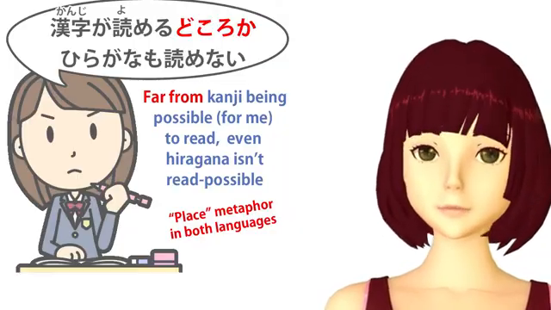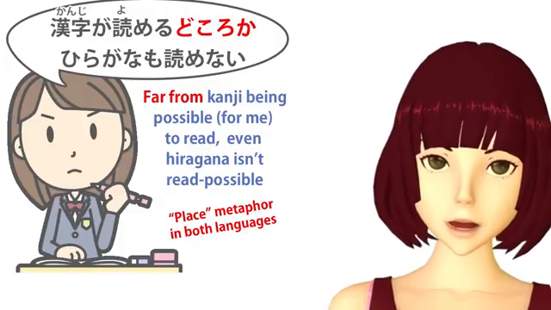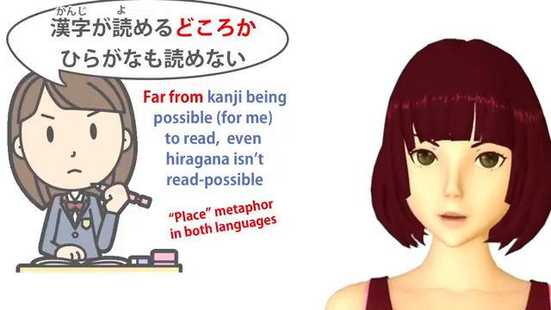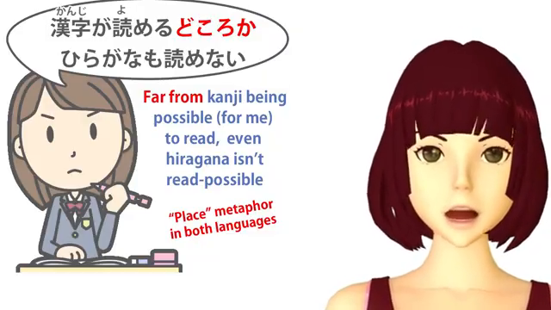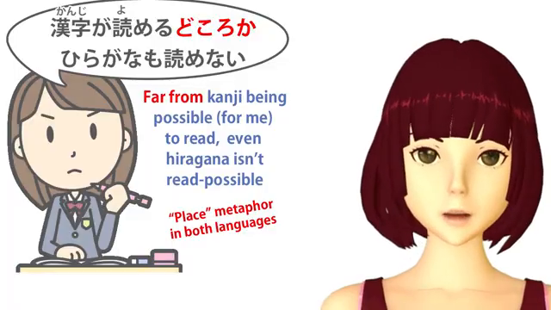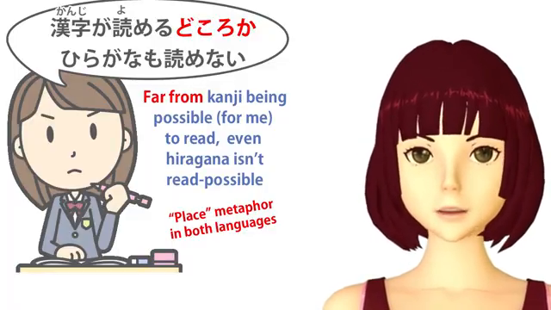We're saying, not only can't I go as far as reading kanji, I can't even get to the point of reading hiragana. That's the metaphor that's being used here. Not only has the situation not reached this far place, it hasn't even reached a nearer place than that.